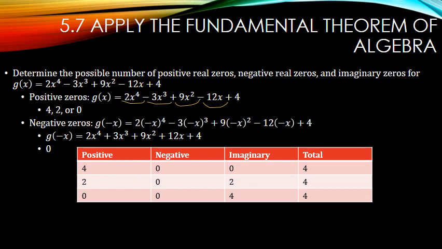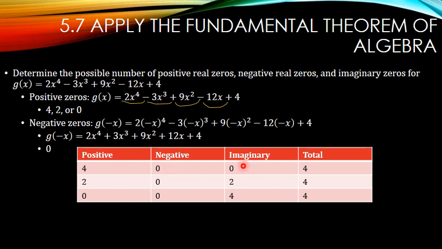So, let's make a table of all the possible positive real zeros, negative real zeros, and imaginary zeros. Since it's to the 4th power here, we know there are 4 total zeros. So if there are 4 positive zeros and no negative zeros, because we know there are no negative zeros, I already have my 4 zeros.